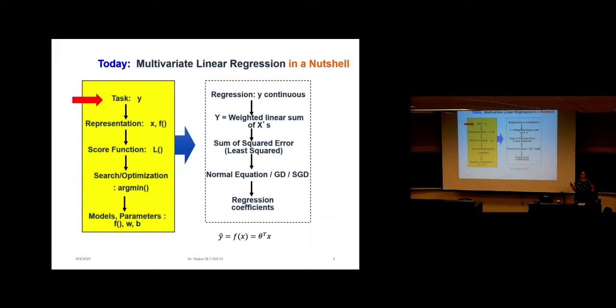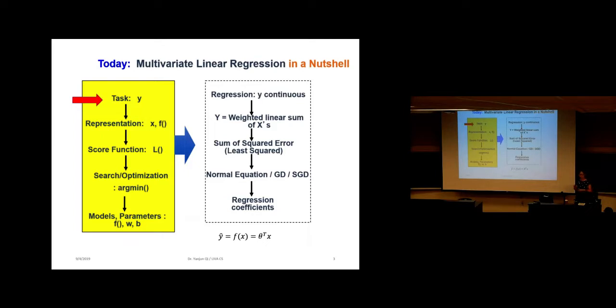Like I emphasized many times, I want to use this nutshell mental representation to structure all of the algorithms we're going to learn. So this is the first algorithm, and let me try to use this for the first time. For regression, the task is to predict a real value.